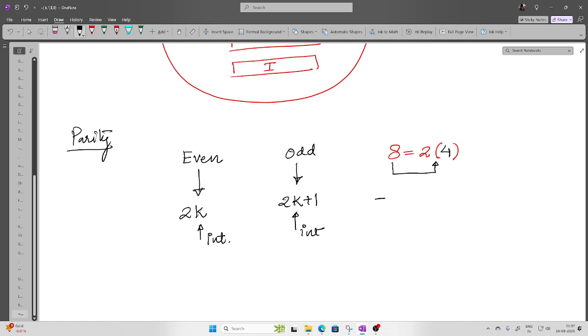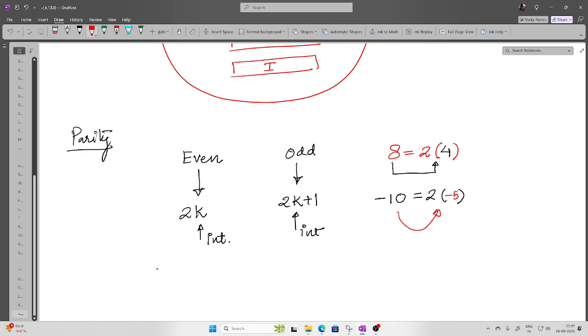Consider, let's say, minus 10. Whether it is even or odd, I again have to check whether it follows the 2k rule or not. So what integer should I multiply by 2 so that it becomes minus 10? It is minus 5. So again this is following the 2k rule, and hence it is even.